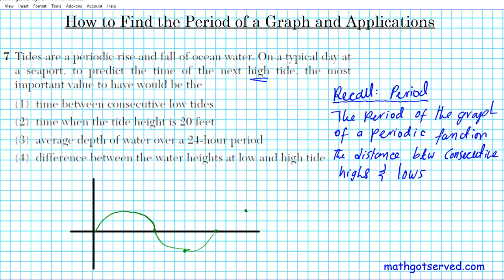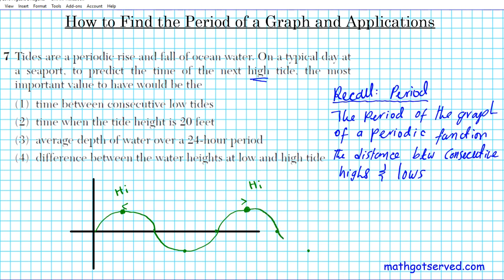It doesn't look good. Let's try it again. So it goes down to the low, back to the center, and then up back to the high. Alright, so the distance between consecutive highs, so this is a high, and this is another high. The distance between consecutive highs or consecutive lows, so let's say it keeps on going all the way here, that's what the period is.